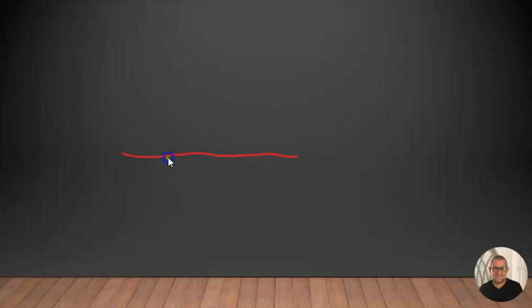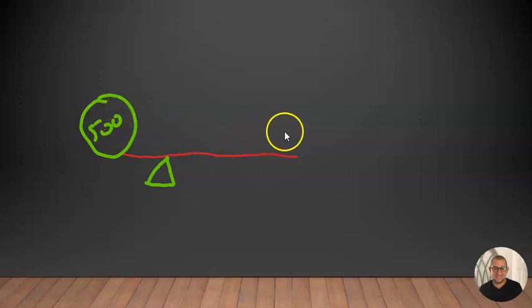Now the pivot point is more to the left. We'd have the 500-pound ball here, I'll make it bigger this time, and we'd have the 100-pound ball over here. Our center of gravity shifted to the left. It was here initially, and now it's over here.